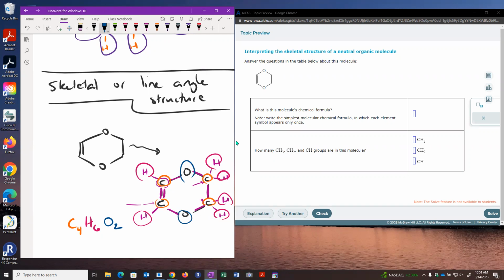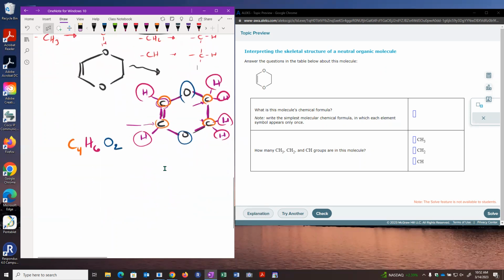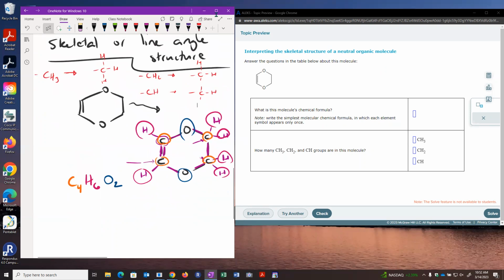So CH3 would mean that we have a carbon and 3 H's attached to it. A CH2 would mean that we have a carbon and 2 H's attached to it. And then a CH would mean that we have a carbon and just one other H attached to it. All right, so if we look at the structure, we'll highlight the different types.